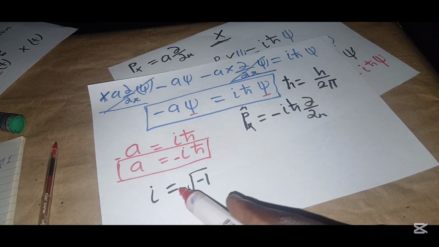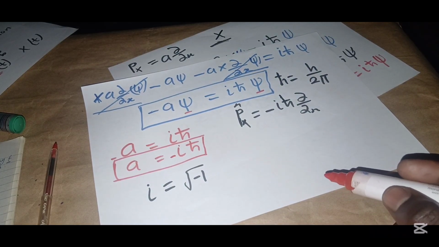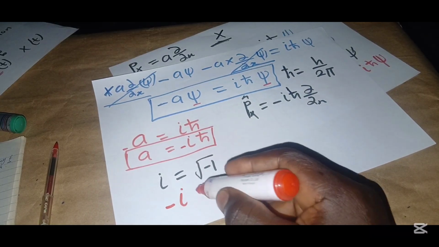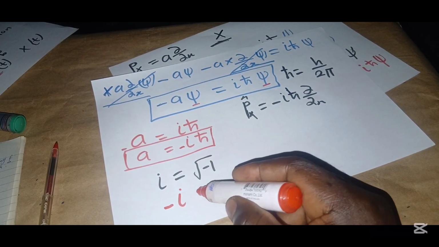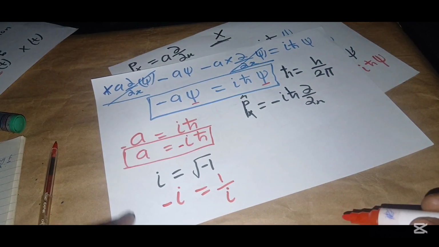So i is equal to root of -1, and mathematically minus i equals 1 over i.